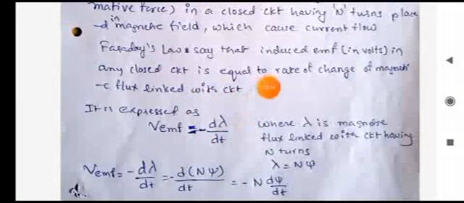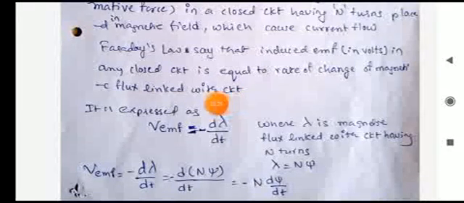Whenever a conductor is placed in a magnetic field, the conductor cuts the magnetic flux. The rate of change of the magnetic flux cutting the circuit is nothing but the EMF.